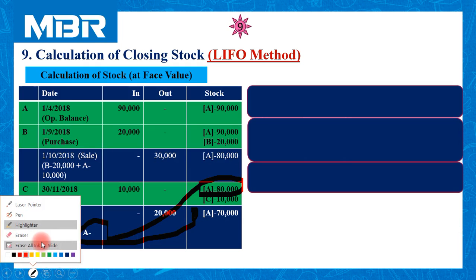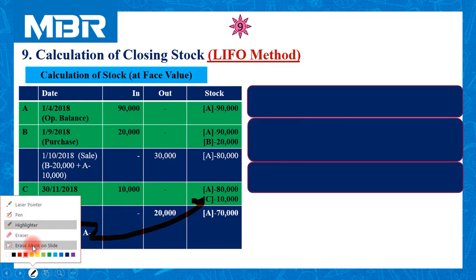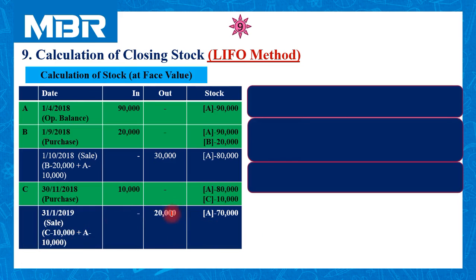And for investment C, we have sold investment C over here. So C, 10,000 minus 10,000, so inventory is 0. As compared to the first in first out FIFO method, the LIFO method is somewhat technical because it requires sharp calculation at each stage.